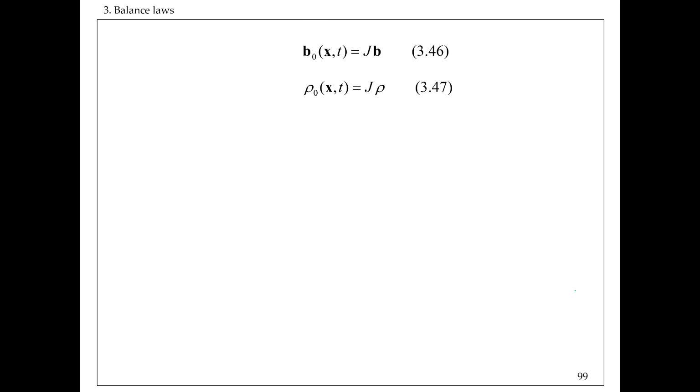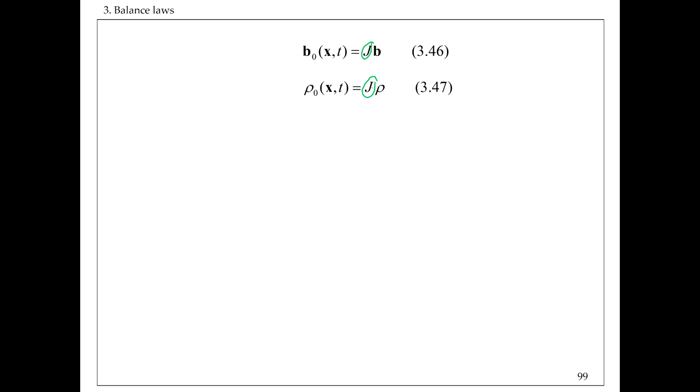Again, it's helpful to recall that the measures for the mass density and for the body forces in the undeformed configuration can be obtained by mapping the actual body forces and the actual density in the deformed configuration by the factor J. Again, these are volumetric measures, and hence the mapping through J, the change in the volume.